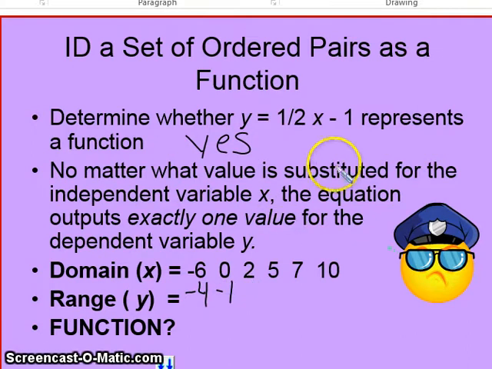If we plug 2 in, again, we get 0. If we plug 5 in, we have 5/2 minus 1, which is 3/2. But we will only get that number every single time. So since anytime we plug in an x value into this function, we only get one possible y value, yes, this is a function.